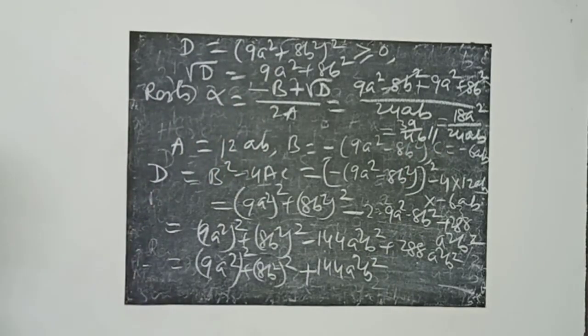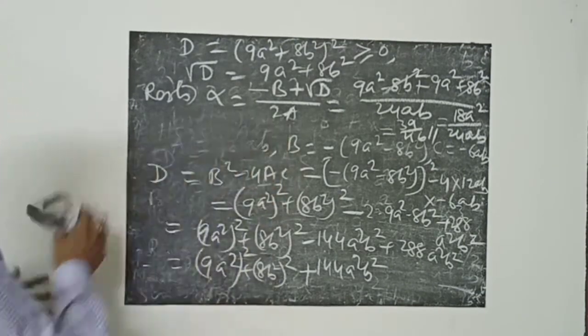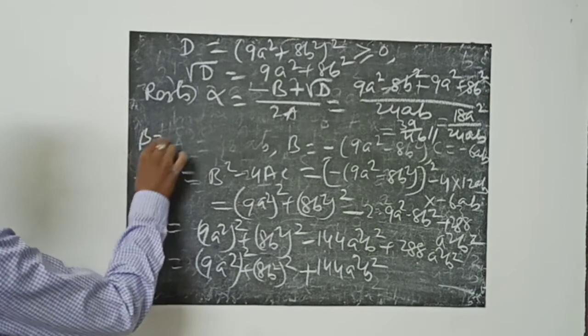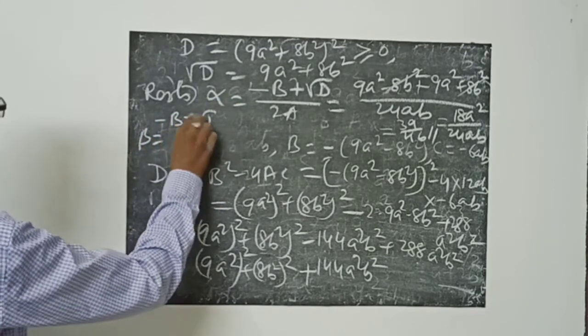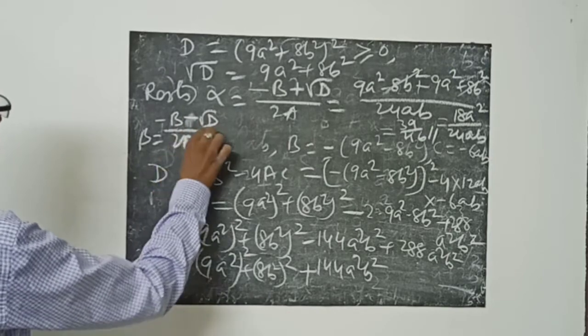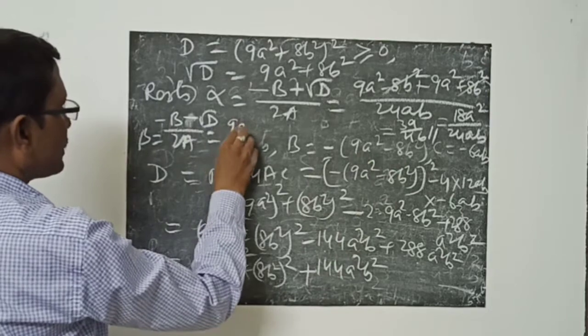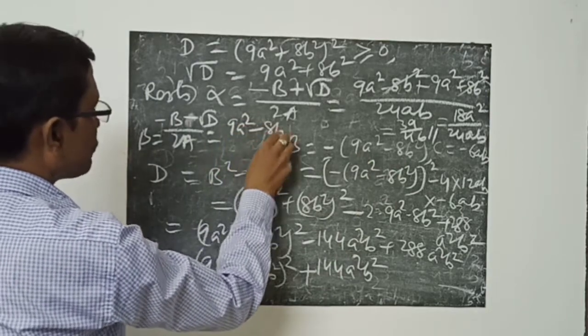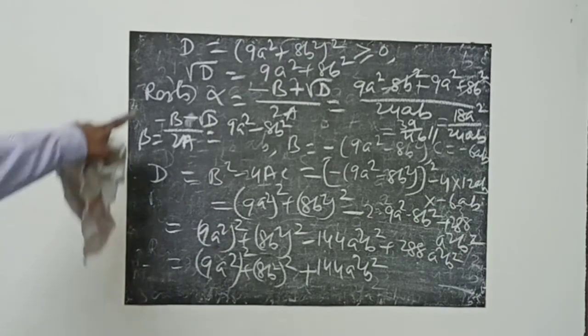And the second one, it will be beta equal to, same formula to be followed. Beta equal to minus b minus root d by 2a. Minus b means that one will be plus 9a square minus 8b square minus root d. Root d, how much? This one.